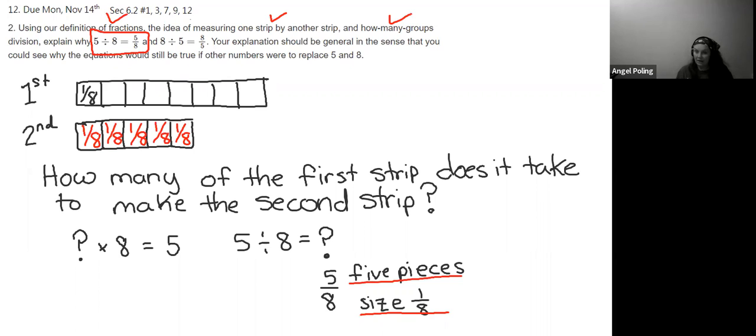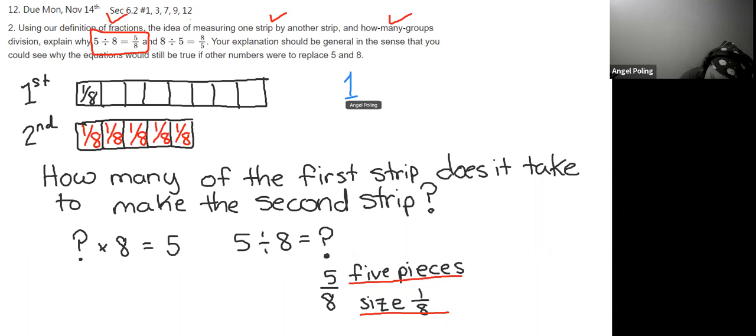Okay, now if we want to reverse the question, as they're asking us to do in 8 divided by 5, we can draw these exact strips if you want, or we can draw it in reverse so that the first strip is now 5 long and the second strip is still the 8.